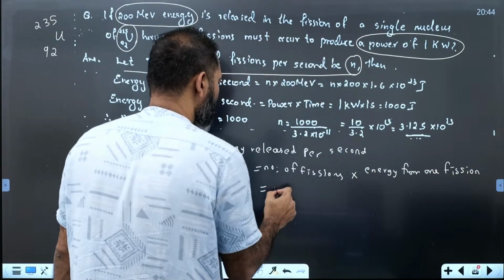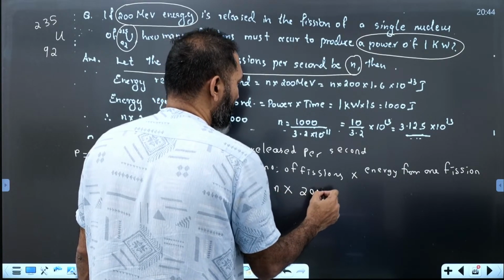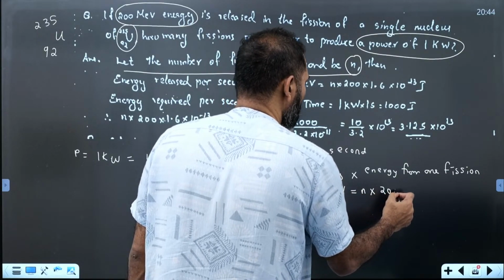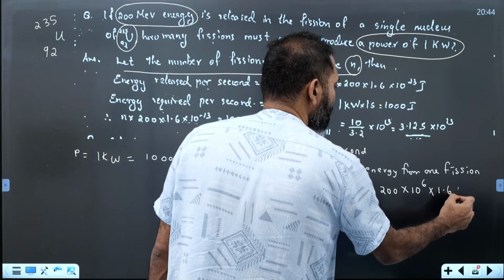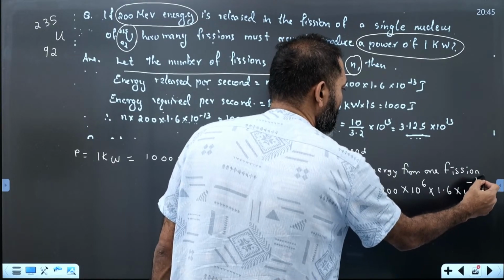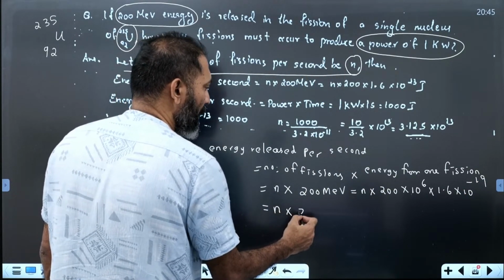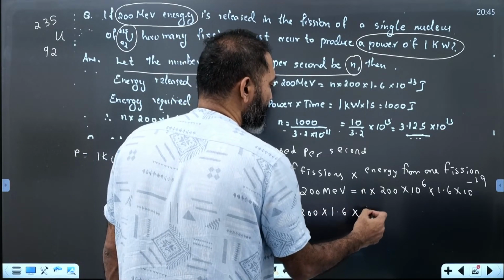So the number of fissions is small n, and the energy from one fission is 200 MeV, which is n into 200 into 10 raised to 6 eV, and 1 eV is 1.6 into 10 raised to minus 19. So it becomes n into 200 into 1.6 into 10 raised to minus 13.